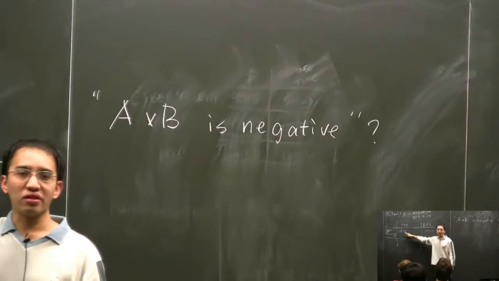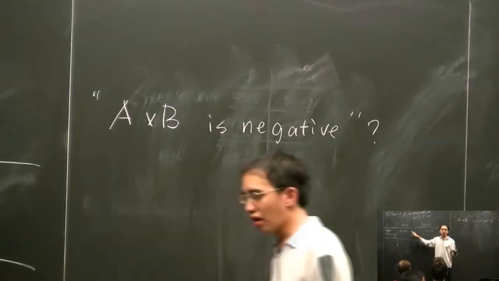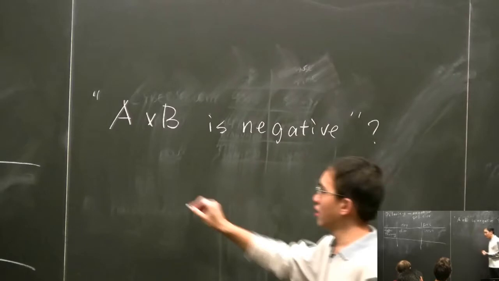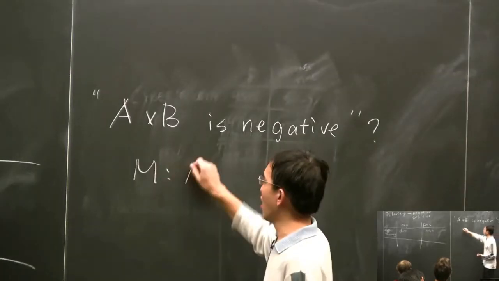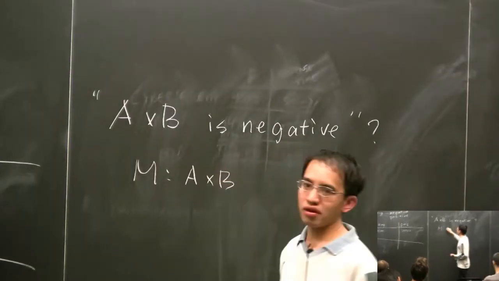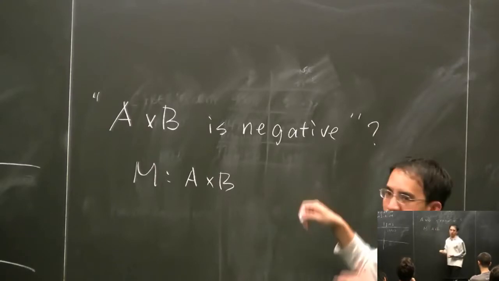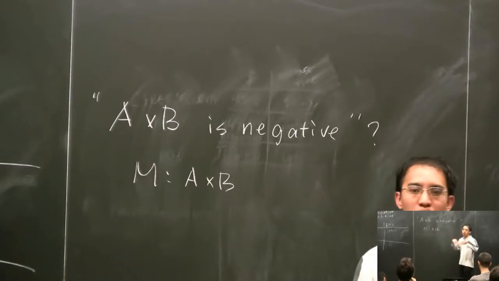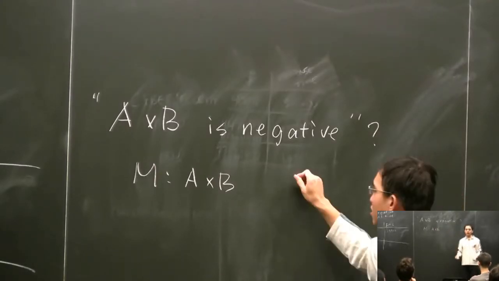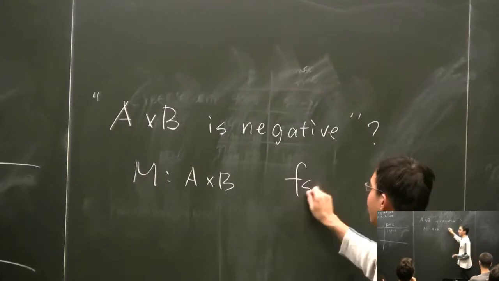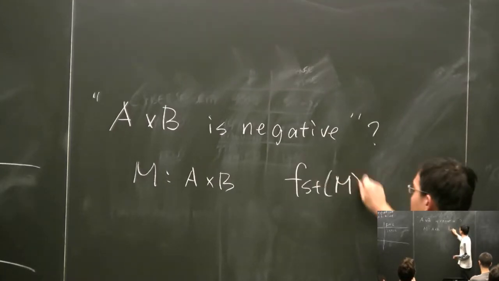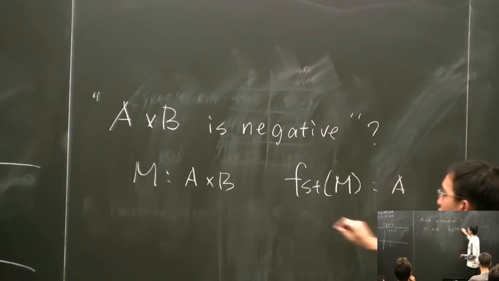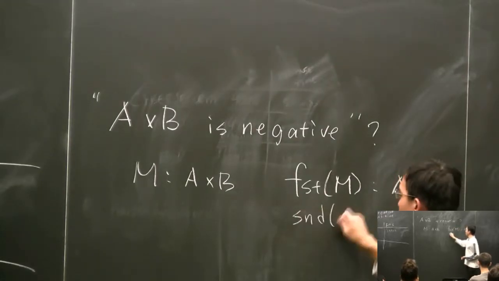It means that we have to think about the elimination rule first. So what are the elimination rules? If you have M, which is a product, then I can use it in two different ways, which is first and second.